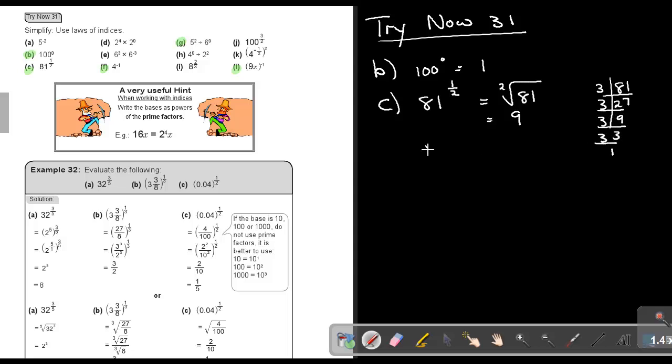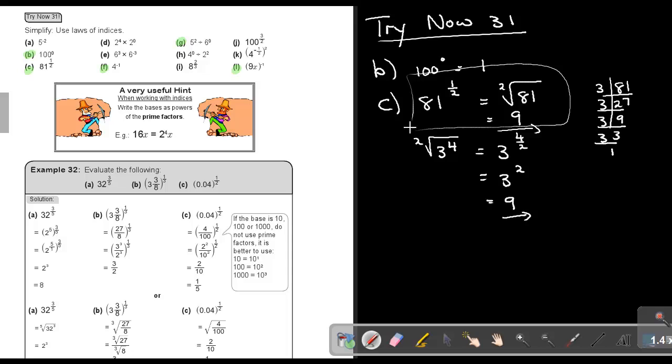So this will be 3 to the power of 4 and this is 2. And if I work it out, then it's 3, 4 over 2 and that's 3 to the power of 2, and then 3 times 3 will be an answer of 9. So you can either do it with this method or with this method.